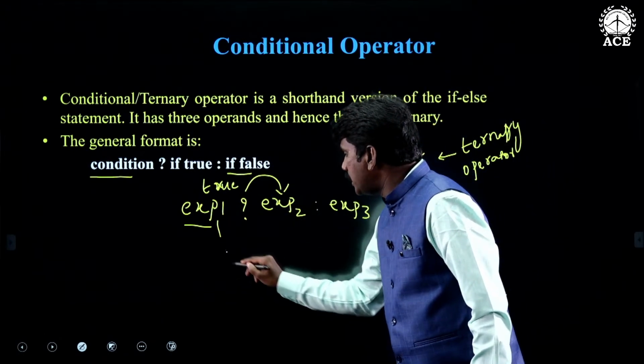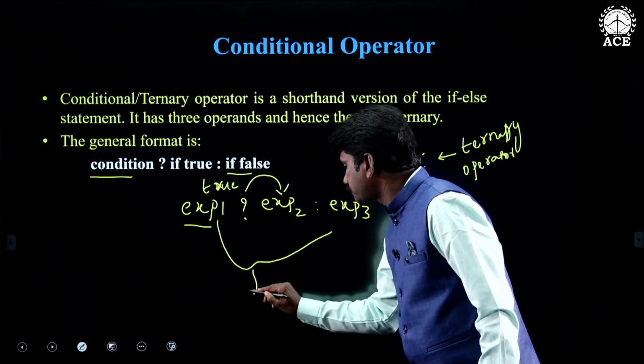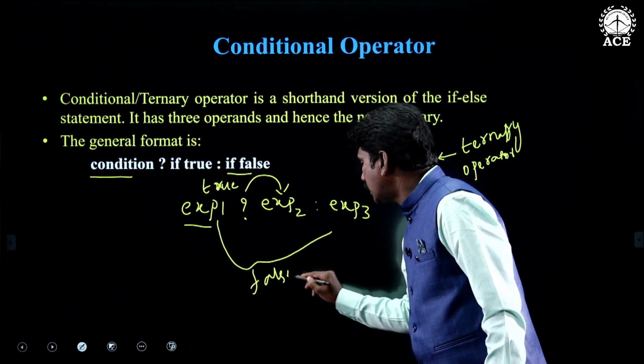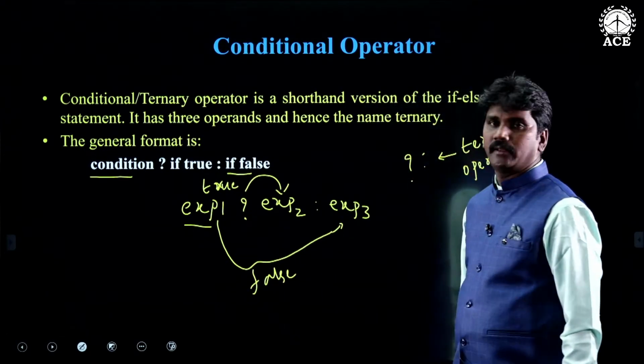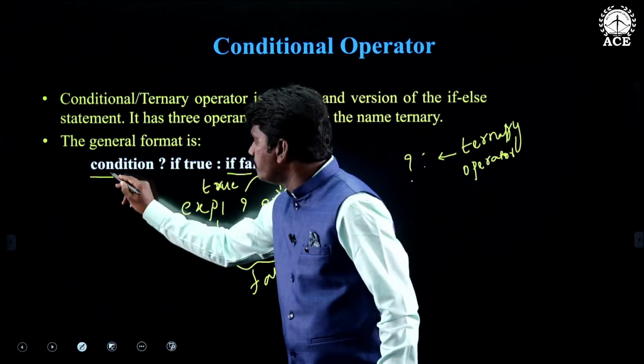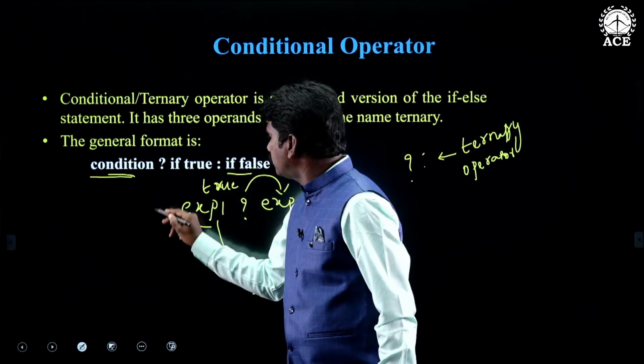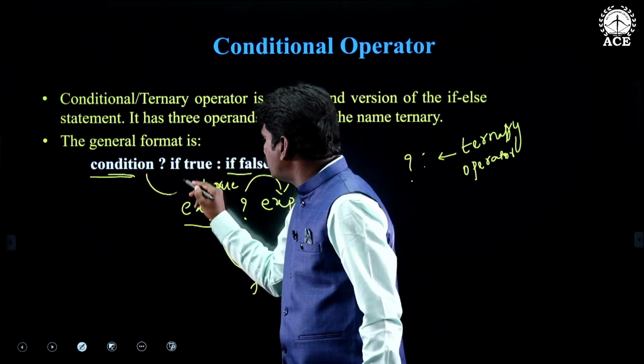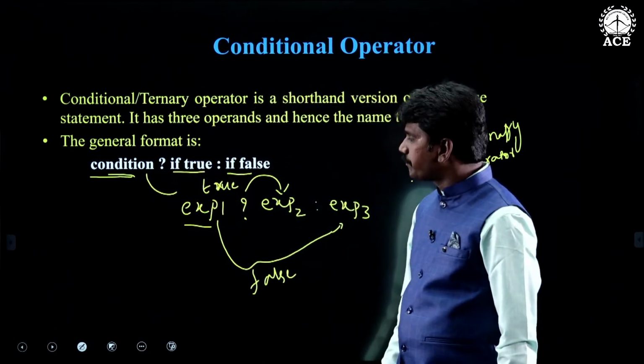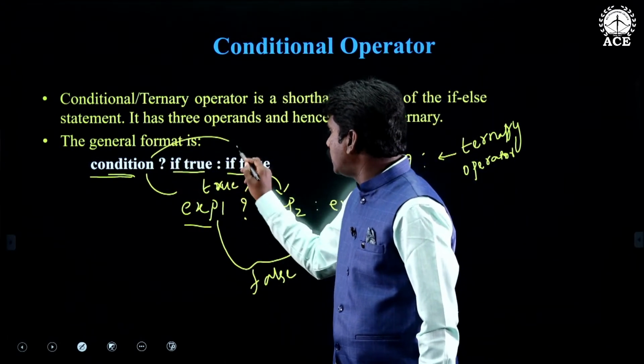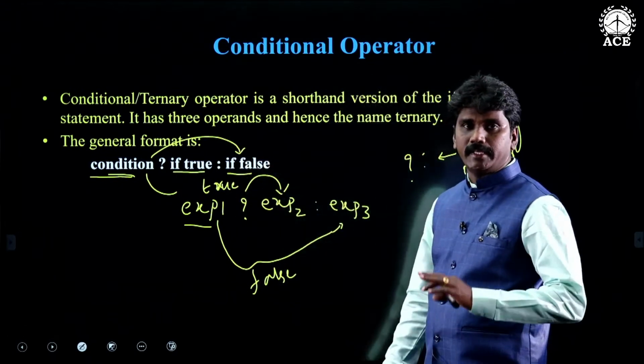If expression 1 is false, then the result is going to be expression 3. That's what we can see here. Condition is going to be checked. If this condition is true, then this part will be executed. If the condition is false, then the false part will be executed.